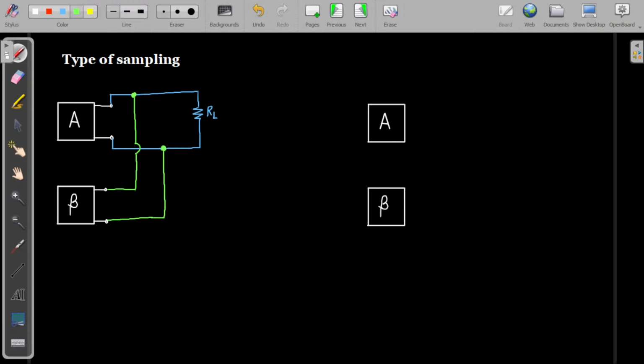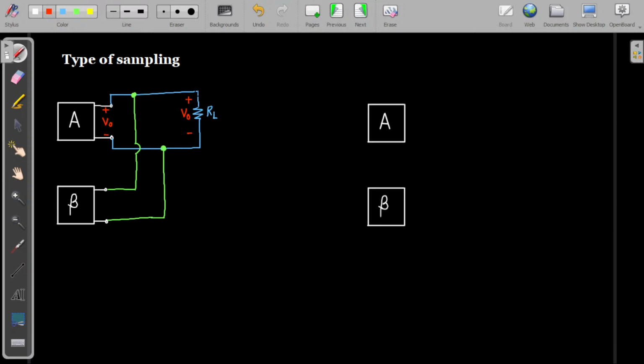Okay, if this is the type of connection, then what happens? Now let us see what will be the output voltage of this basic amplifier. Let us assume that it is V0. If it is V0, then the voltage across the load resistance will also be V0, because according to the circuit.